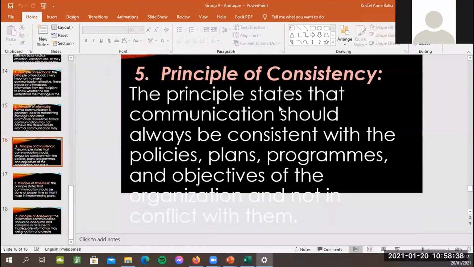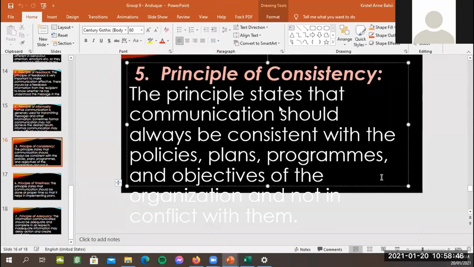The principle states communication should always be consistent with the policies, plans, aims, and objectives of the organization and not in conflict with them. Dito naman po sa number 5, dapat daw palaging naayon sa patakaran ng plano ang mga programa at layunin nito. And to improve communication.